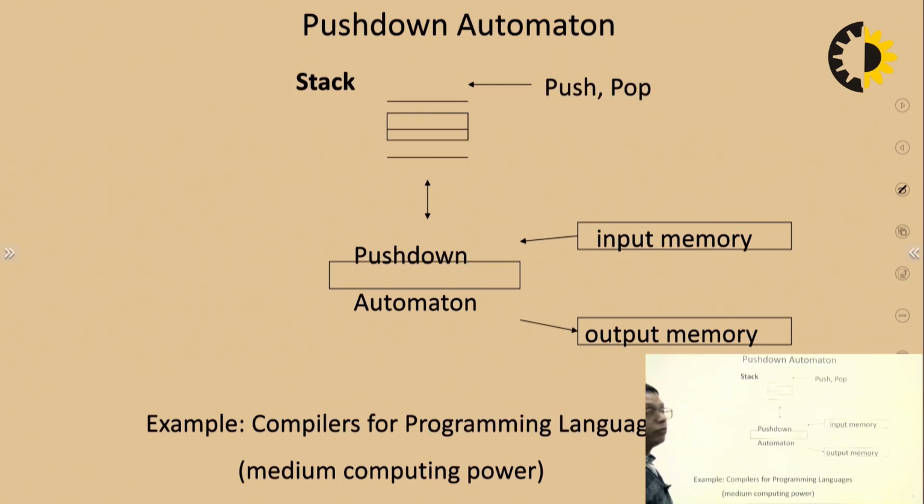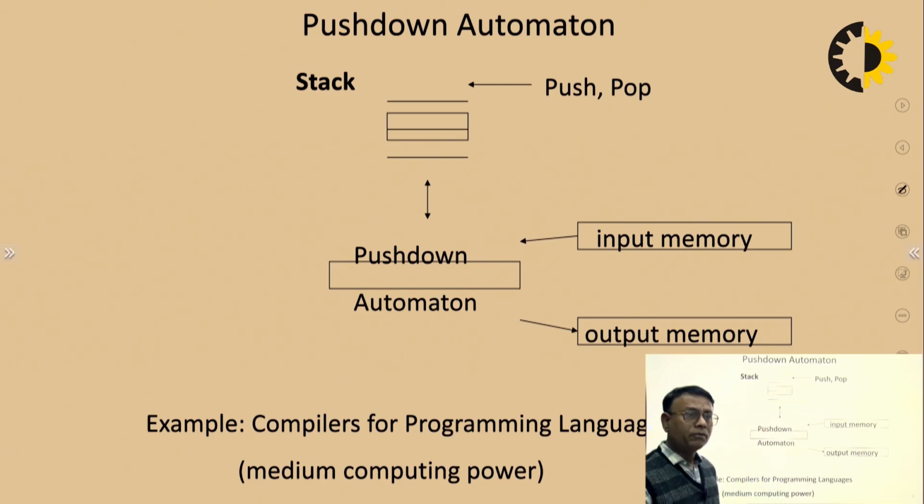Next, pushdown automata. An example of pushdown automata is a compiler, which is used in programming languages. Compilers are system software which take input as a high level language and convert it into low level language. Compilers are very important for programming languages, like the C++ compiler, Turbo C, Borland C++ compilers, Turbo C++ compilers.